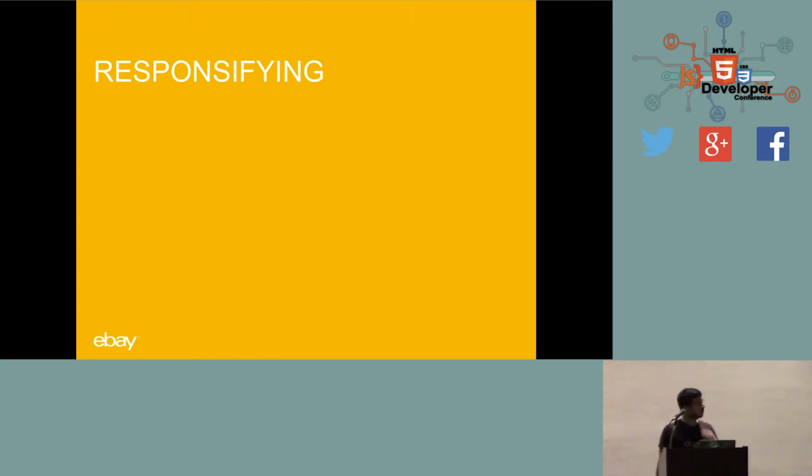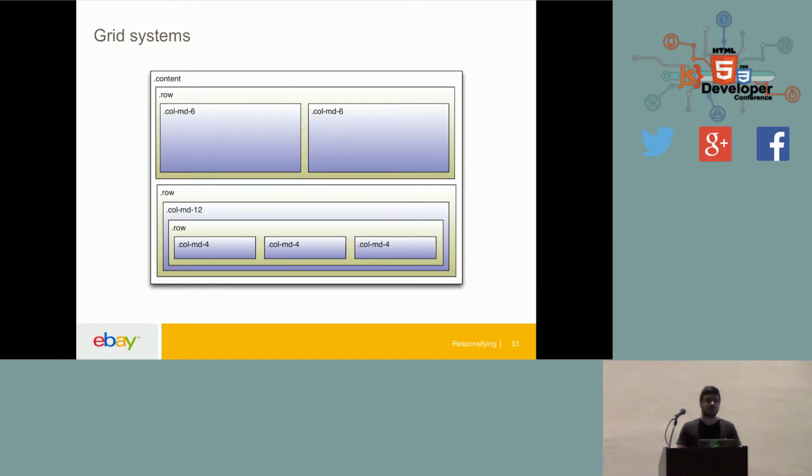So we also did a bunch of work on responsification that I'll try to share with you guys. We did lots of research, and we started with checking out what kind of grid systems were out there. The most popular is, of course, Twitter Bootstrap, which is really awesome. But in our case, we wanted to get a really optimized system, so we thought that it wasn't ideal.